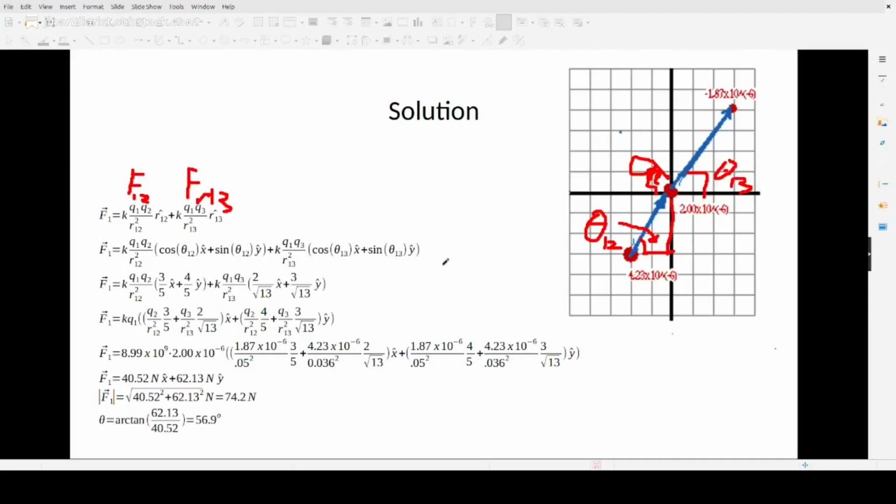This is theta 1, 3, and this is theta 1, 2. This is charge 3, and this is charge 2. We need to find out how 3 and 2 act on charge 1.